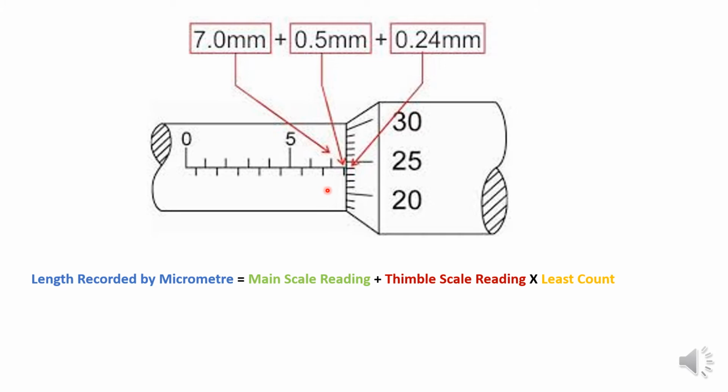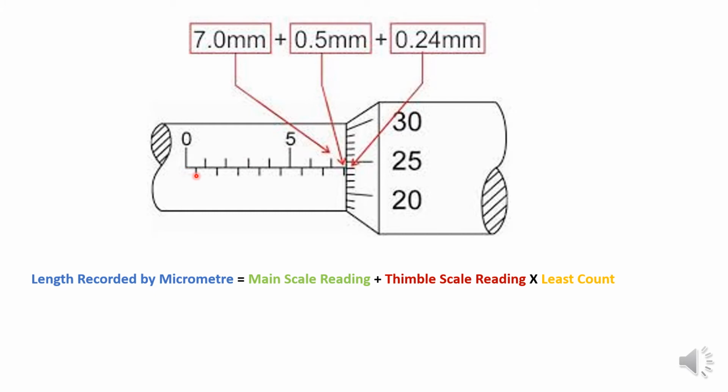Here we can see how to read. Main scale reading is the reading which you can see clearly. The distance between these two graduations is 1 mm, while the distance between these two graduations is 0.5 mm, meaning the upper part is the 1 mm division and the lower part is the 0.5 mm division. So if we want to calculate, it is 1 mm, 2 mm, 3 mm, 4 mm and 5 mm.